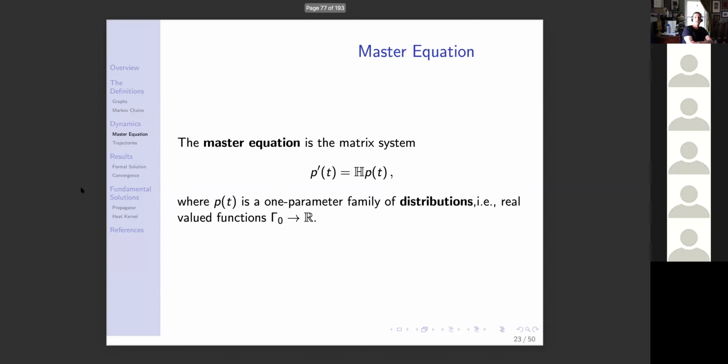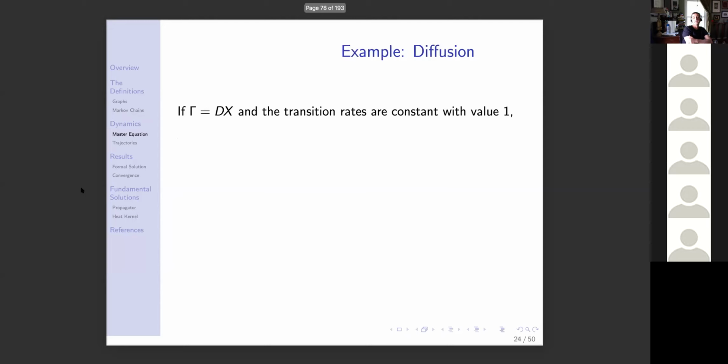And here is a special case, an example: diffusion, or I should call it combinatorial diffusion. Suppose gamma, my graph, is the double of an undirected graph, and the transition rates are constant with value 1, so every edge has a rate of 1. Then H can be written as minus nabla, where nabla is the so-called graph Laplacian.